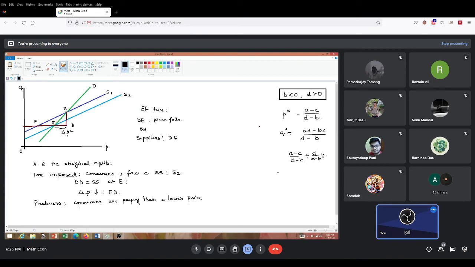Simultaneously, out of this E amount, see now they are getting only E, but out of this E amount, they have to pay an amount of EF as tax. The tax is given by EF. So ultimately, they get only F.